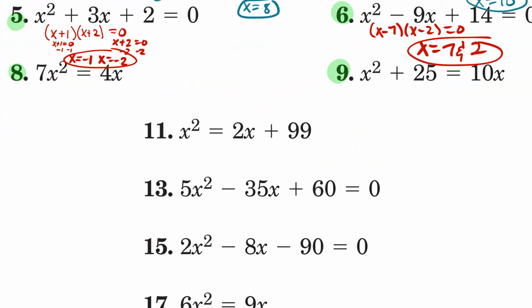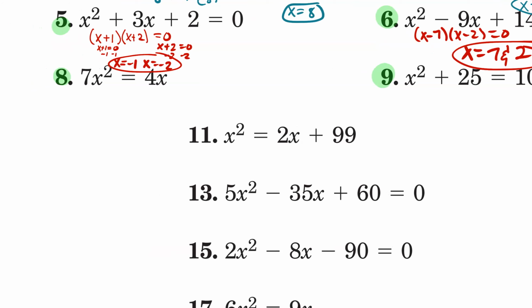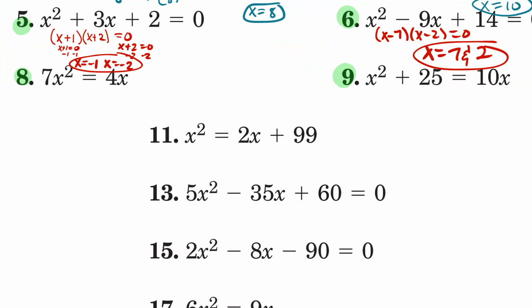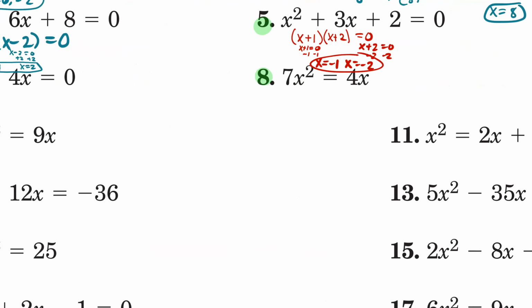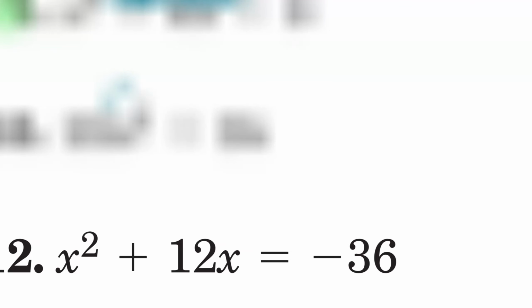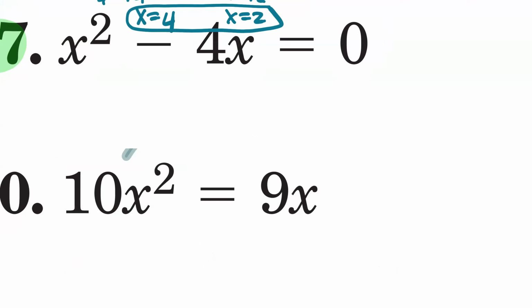Try number 7 if you haven't already. Number 7, number 8. Yes, but I want you to try it. Can I move on? Okay. Number 7. So the first thing we always look for is greatest common factor. Yes, greatest common factor. There's an x in both terms.